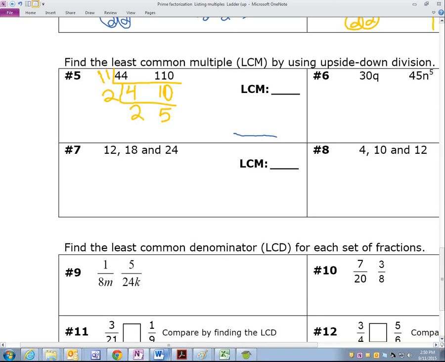Now I multiply all the way through. 11 times 2 is 22, times 2 is 44. 44 times 5. In my head, I'm thinking to myself, 4 times 5 is 20, so it's going to be 200 plus 20. So that's 220. No variables, double checking, no negatives, good.